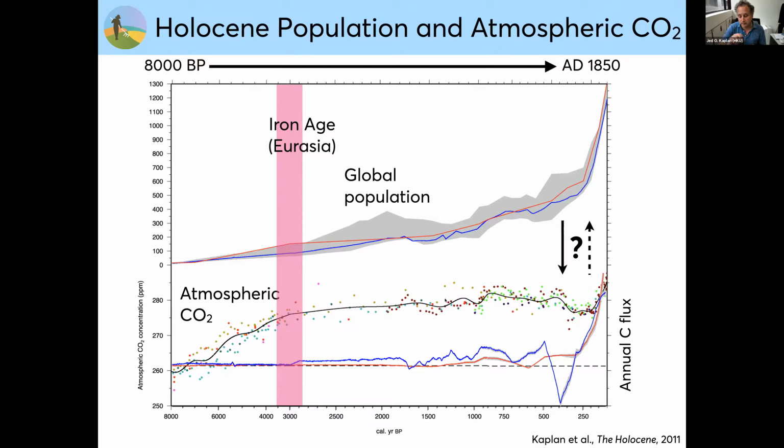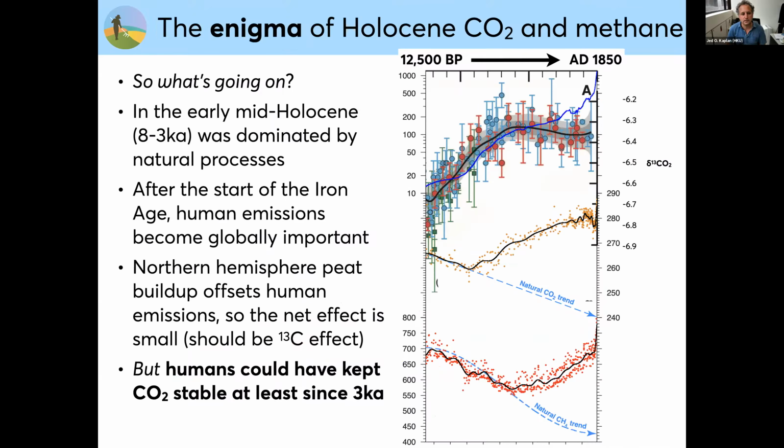And then the black line is the kind of best fit line through all the scatter there. What we see is that there's a continuous emissions of carbon dioxide caused by people to the atmosphere over this period, starting around 3,000 years ago, at the beginning of the Iron Age in Eurasia. Before that, carbon dioxide rises. It's harder to explain that in the context of human activities.